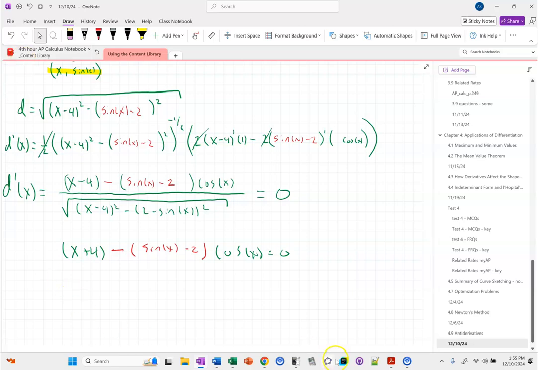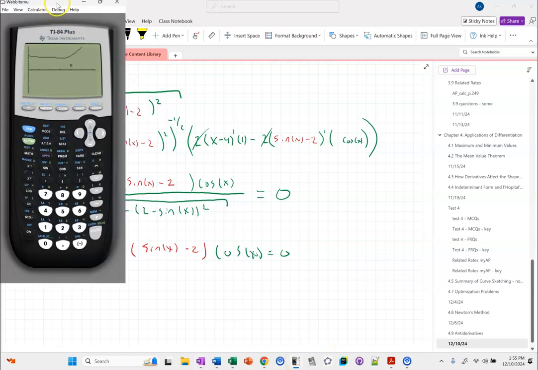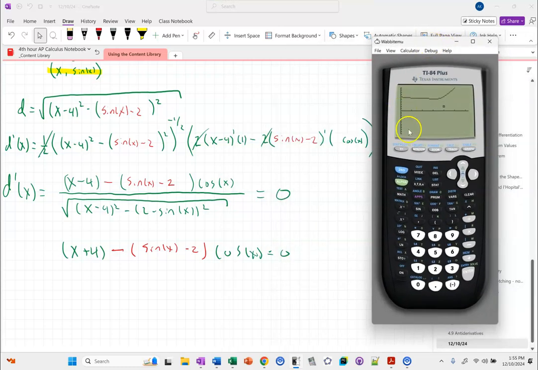This is not much easier. What happened now? I wish this was just easier to read. Okay.